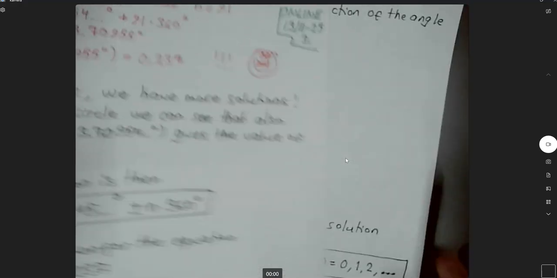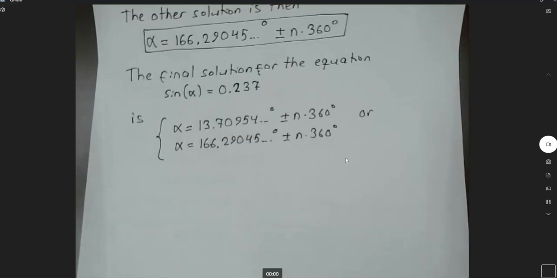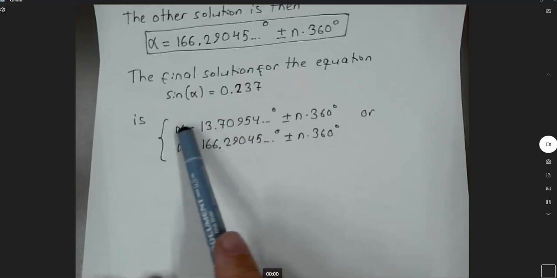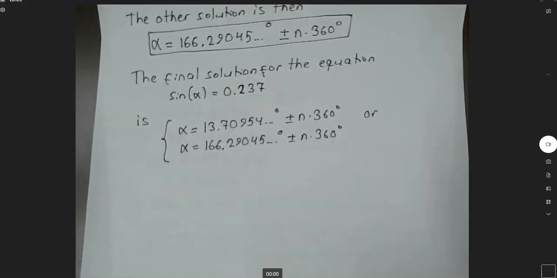So there are two solutions, or rather an infinite number of solutions, but all solutions can be written either in this form or in this form. There are no other solutions.